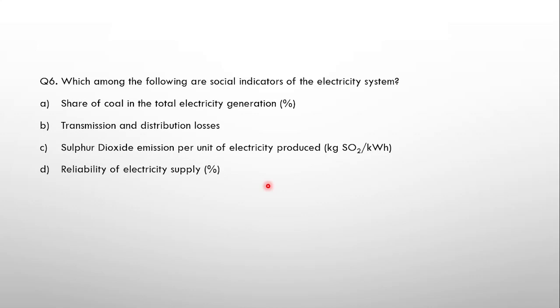C, sulfur dioxide emission per unit of electricity produced, which is measured in kilogram of sulfur dioxide per kilowatt hour. Or D is reliability of electricity supply, where you measure what is your voltage. You shouldn't have low voltages, or you shouldn't have frequency issues with your electricity. You shouldn't have frequent power cuts.